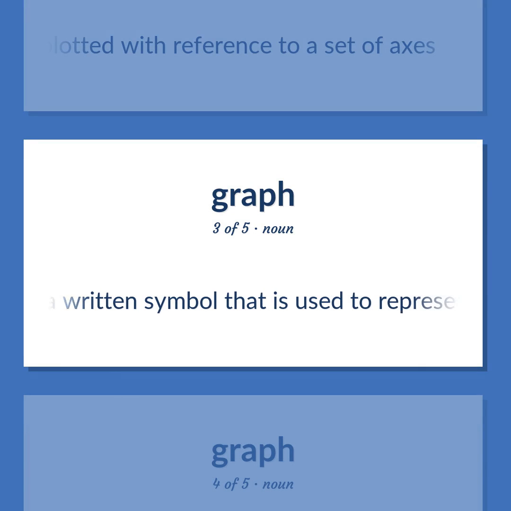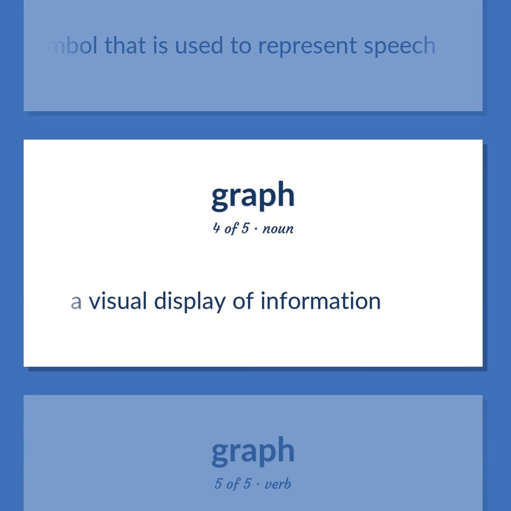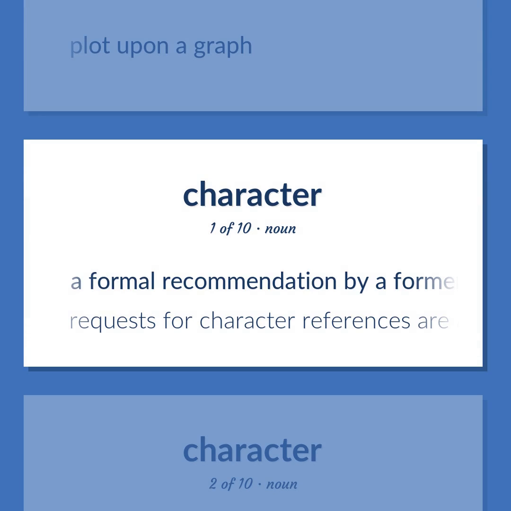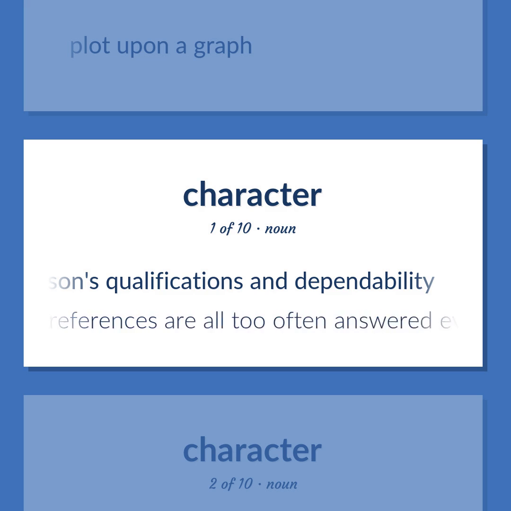A written symbol that is used to represent speech. A visual display of information. Plot upon a graph. A formal recommendation by a former employer to a potential future employer describing the person's qualifications and dependability. Requests for character references are all too often answered evasively.